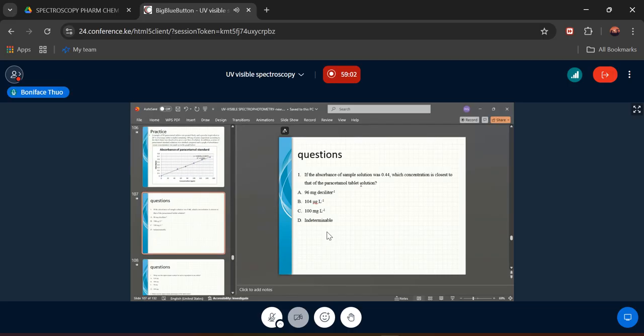So here is the question: if the absorbance of the sample was 0.44, which concentration is closest to that of the paracetamol?